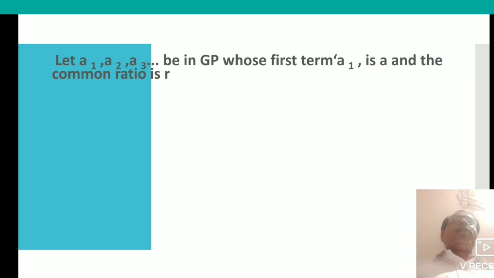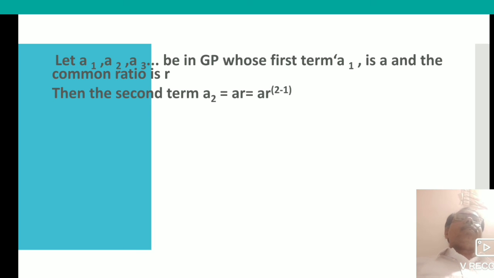Let a1, a2, a3 and so on be in GP, whose first term a1 is a and common ratio is r. Now each and every term has these two quantities only, children. Observe that carefully. Then the second term a2 we can write as a into r. So by using the above pattern, we can write a into r to the power of 2 minus 1.